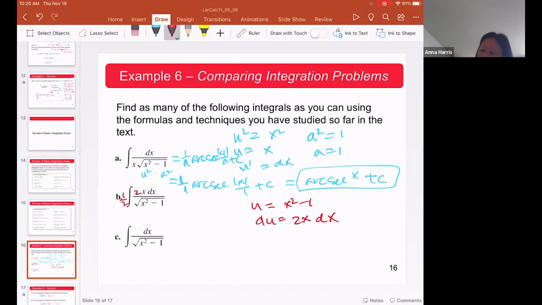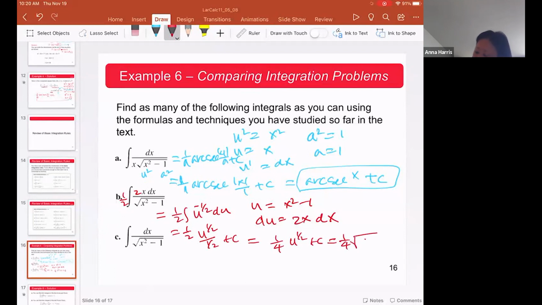Then I'm pretty much done. So I can rewrite this problem as 1/2 u to the negative 1/2 du. And then you just finish this one up. So you have your 1/4 u to the 1/2 plus c, and then plug back in your u. So you're done. All right.